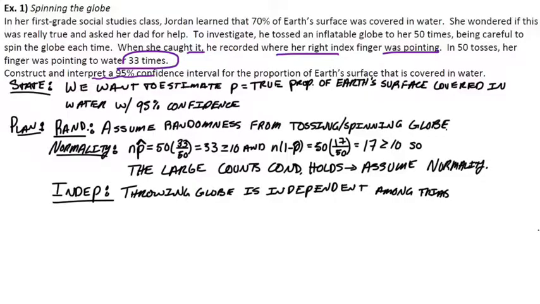So each trial is actually independent when you spin and catch it. So we can just say throwing the globe is independent among trials. So there's no need to state anything about the 10% condition or anything like that because we're not sampling from a finite population. We're just trying to spin the globe and catch it and look at the proportion of water trials, let's say.